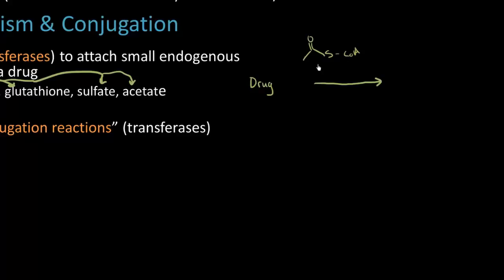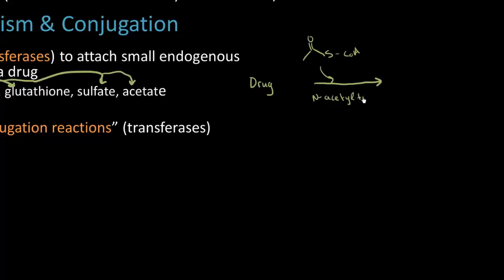So I take a drug, I add acetyl-CoA to it. Let me just draw that arrow there. And the way I'm able to do this is with an enzyme. This enzyme is a transferase enzyme, and it's called N-acetyltransferase. Oh, I spelled that wrong. I am having major problems spelling these days.